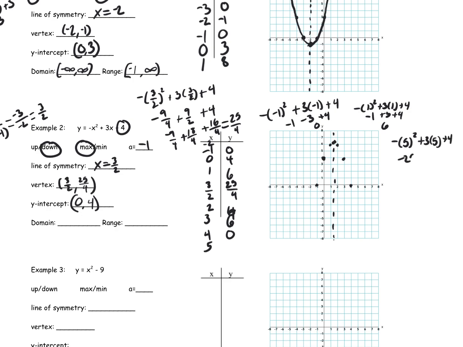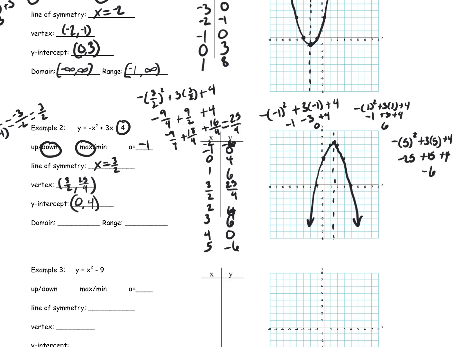So that's going to be -25 plus 15 plus 4. -25 plus 15 is -10. -10 plus 4 is -6. And then, of course, that would mean we have one at -2, -6 as well. All right, so there we go.